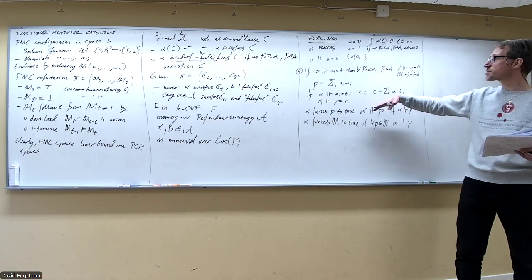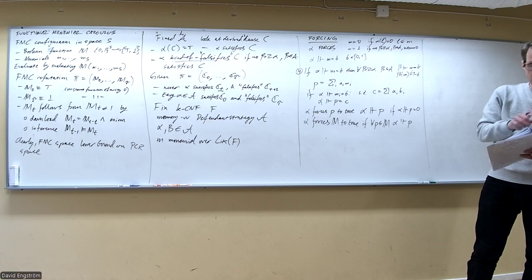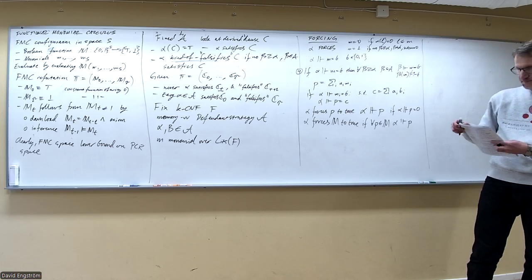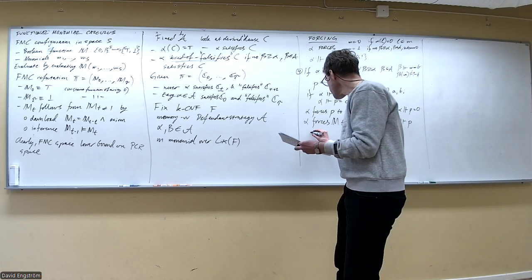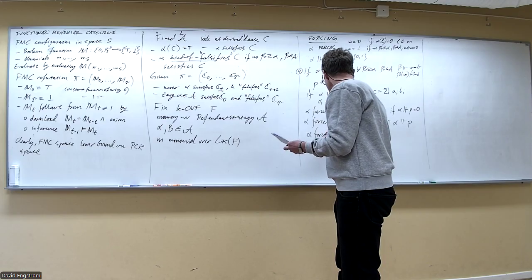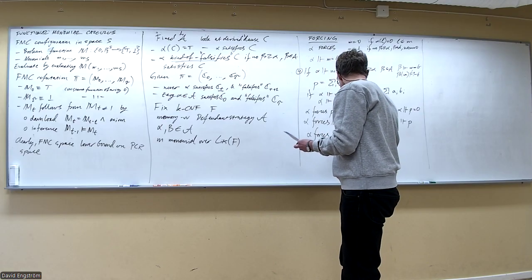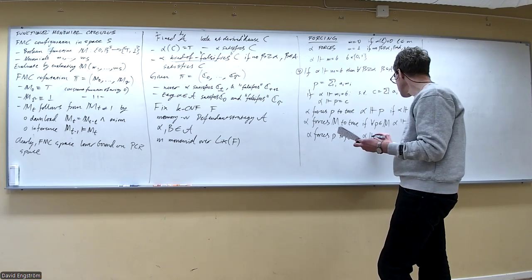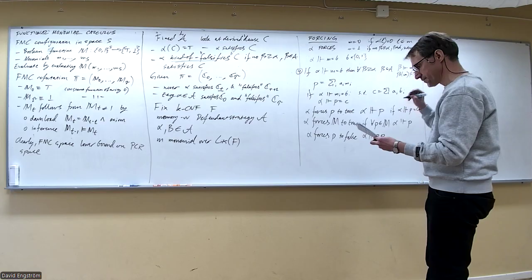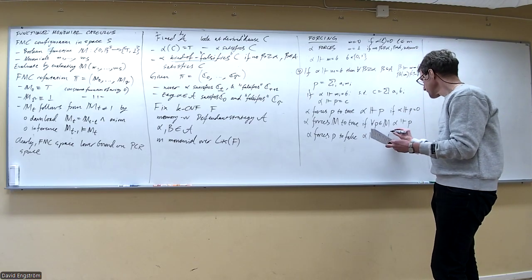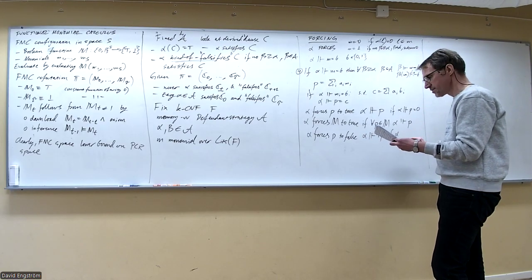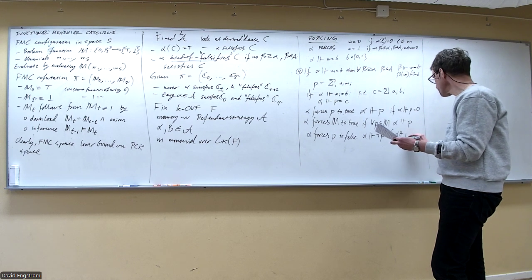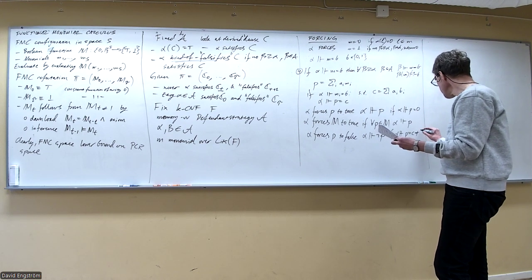Nothing strange here, we're just extending this notion in the most natural way. And then I say that alpha forces P to false if alpha forces P to some value C that is non-zero.